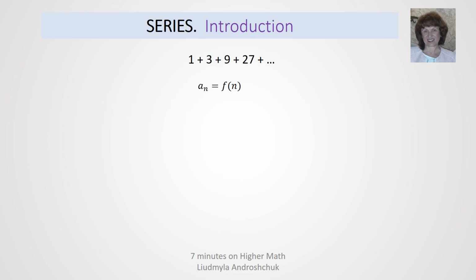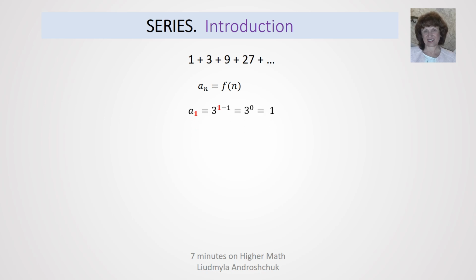We'll try to find this as a function of index n, and when we look closely at the series, we can identify that the figure 3 plays a significant role in the series. So in that case, we'll try to find the general form as a function of n with the help of the figure 3.